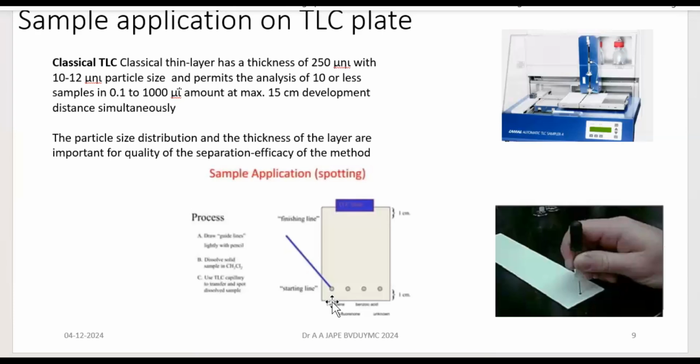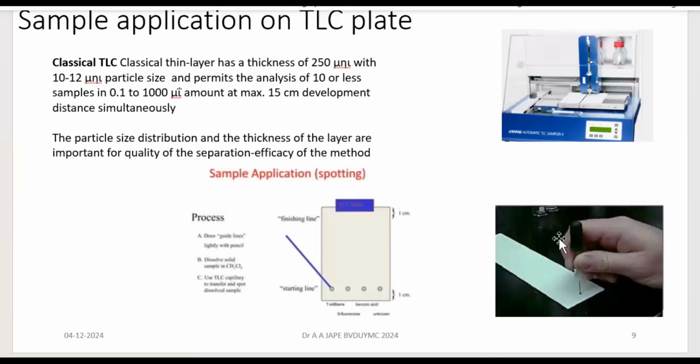It should not exceed 1000 microliters, because if the drop spreads, they will get intermixed, and also separation will not be good. Of course, for application, automated applicators are also available, which are going to hold the defined amount of the analyte sample mixture at a time, and very precise quantity of the sample can be released onto the TLC plates.